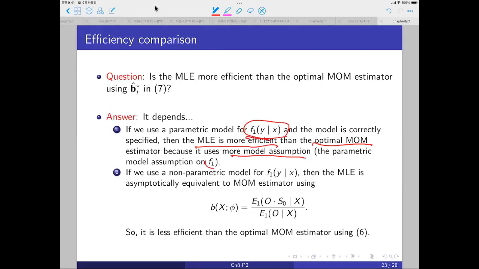But second, if we use a nonparametric model, it turns out that the MLE is algebraically equivalent to a method of moments estimator using this one. So it belongs to the MOM class. In this case, the optimal MOM estimator using 6 is more efficient. But the difference in efficiency is not really high in the simulation. This takes care of the propensity score estimation.